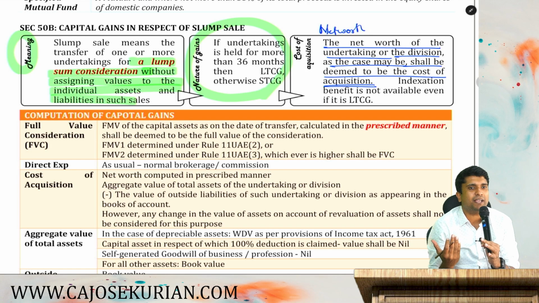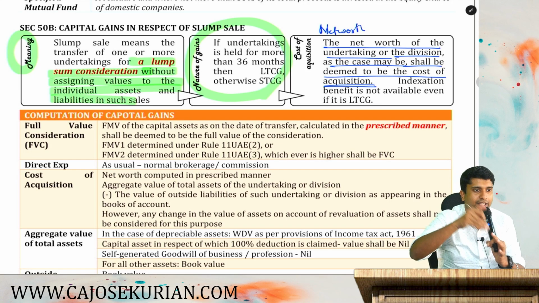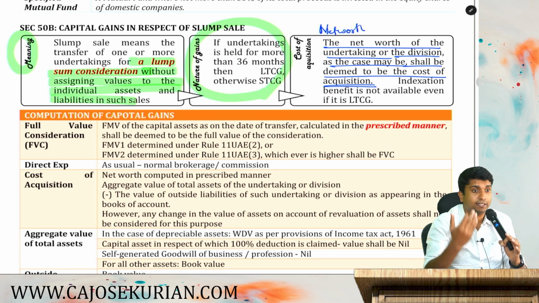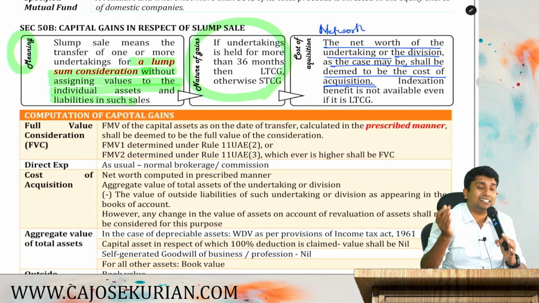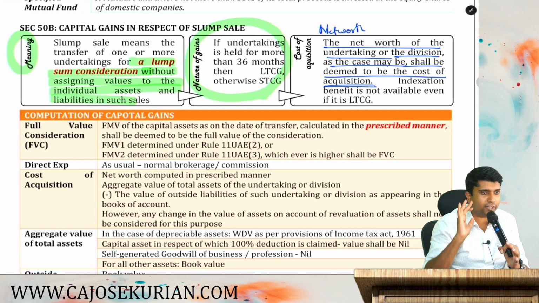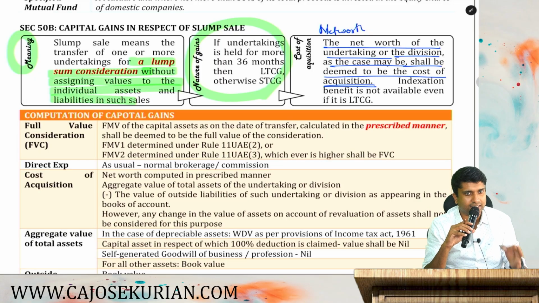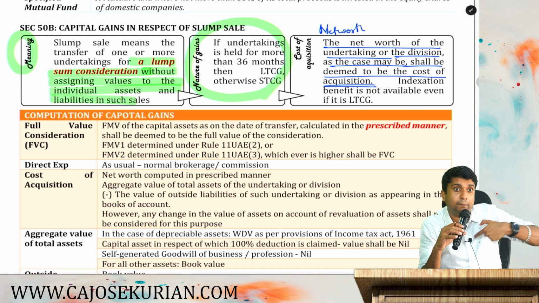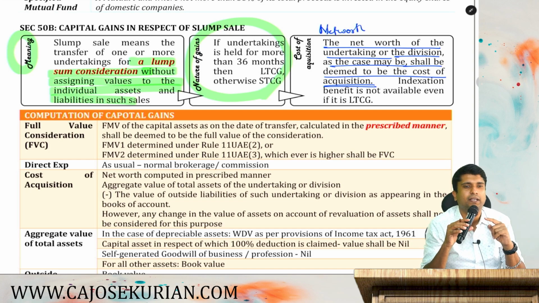We will not be having a purchase price for the undertaking. Yes or no? So maybe we ourselves have started that undertaking and purchased assets, incurred liabilities at different points of time. So the department says, don't worry, in such a case, you compute the net worth of that undertaking as prescribed by us. That net worth can be considered as what?